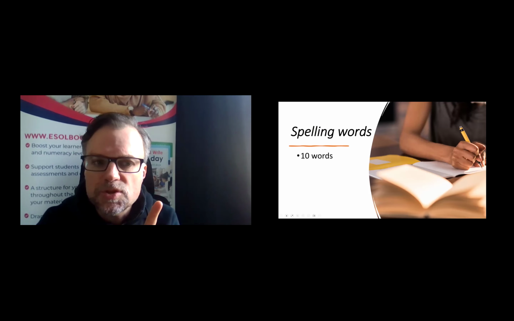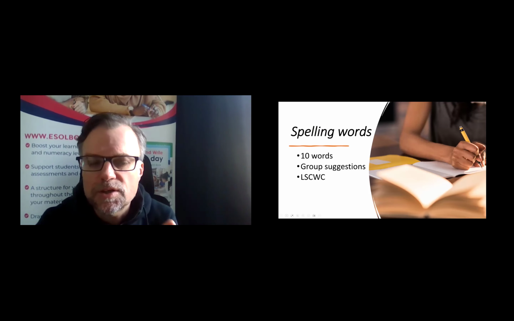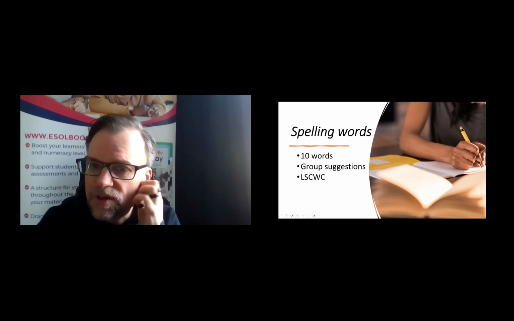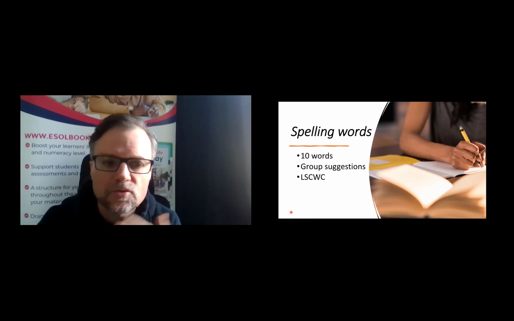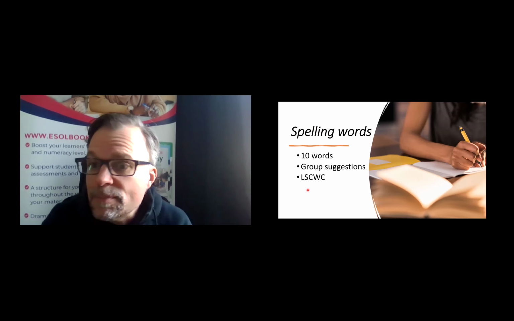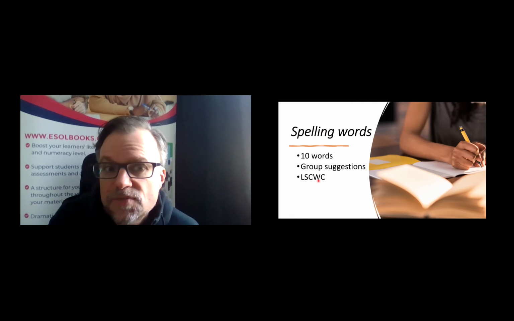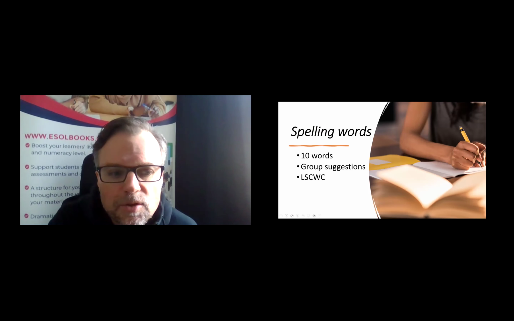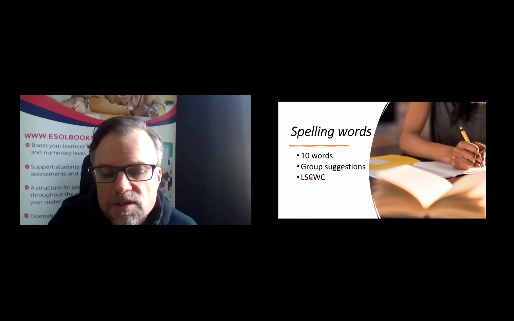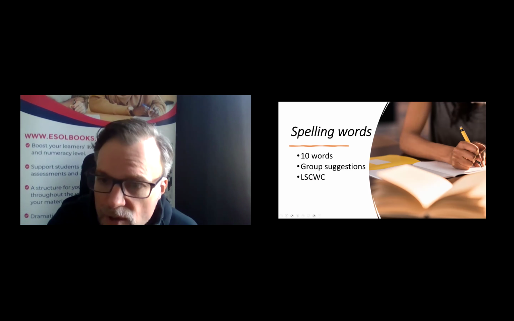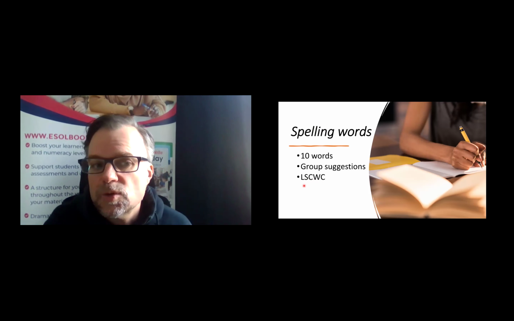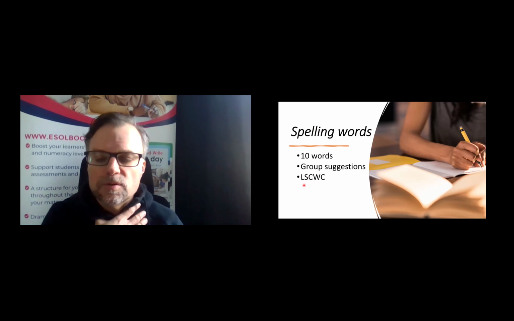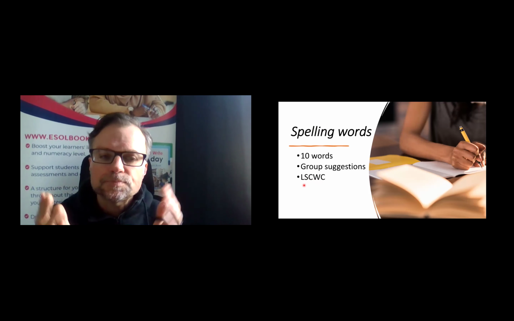Also, choose as a group 10 words from the day's class. So, words they found interesting or difficult. So, in this lesson, maybe picnic, rice, lamb, they might say, because it's difficult, it's got a silent letter. So it could be a mixture of words. For homework, they do LSCWC in their notebook, which is look, say, cover, write, check. So they have the 10 words.